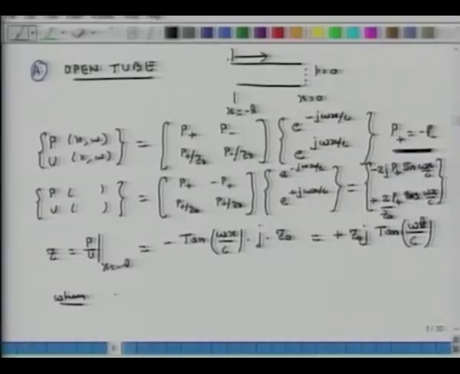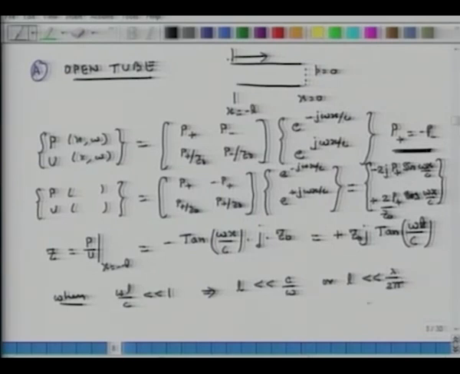So when omega L over c is very significantly smaller than 1, basically what that means is L is significantly smaller than c over omega, or L is significantly smaller than lambda over 2 pi.